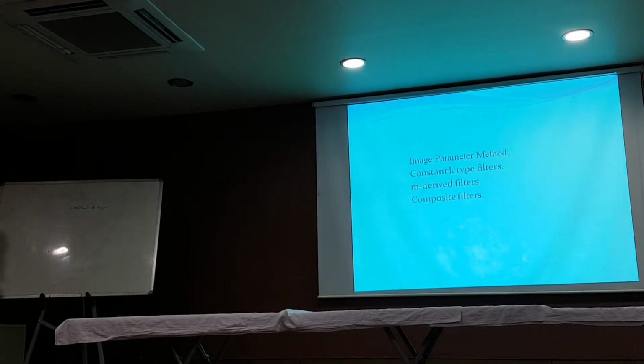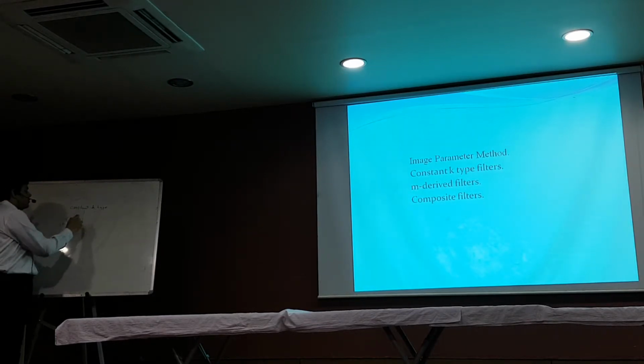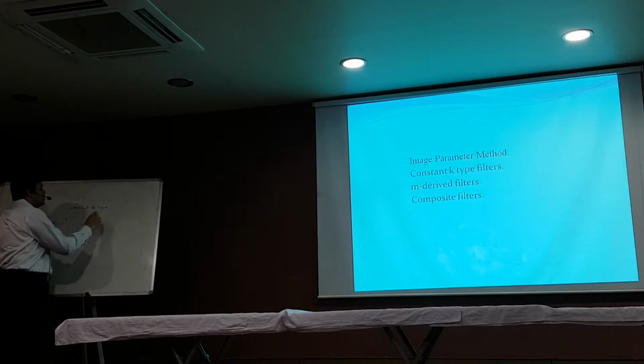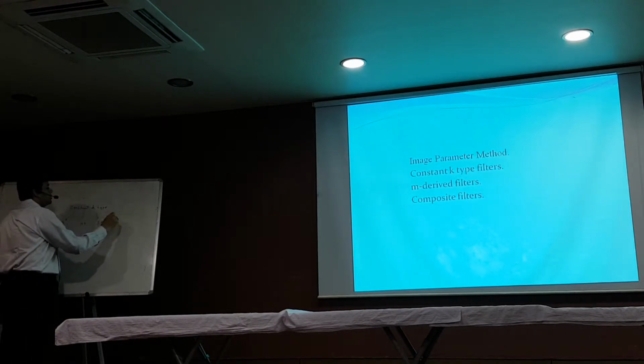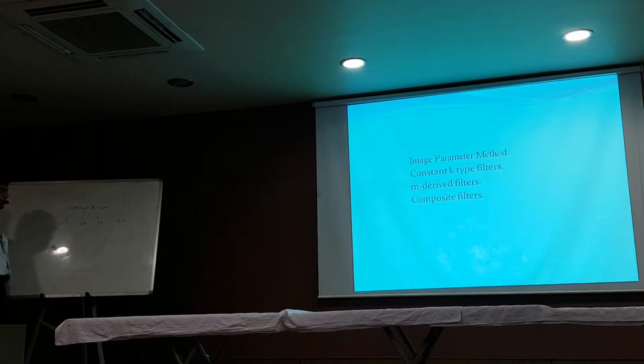Under the constant K-type filters, we will have the constant K low pass filter, constant K high pass filter, constant K band pass filter, and constant K band stop filter.